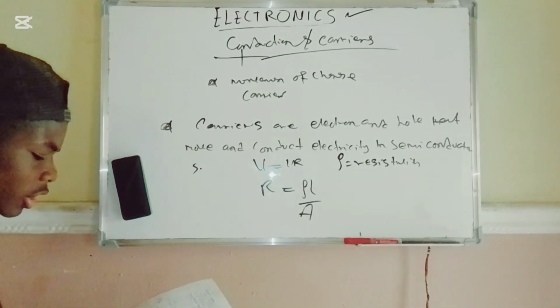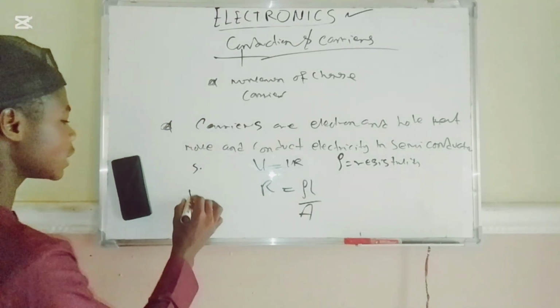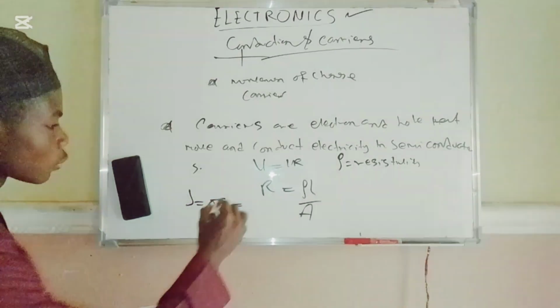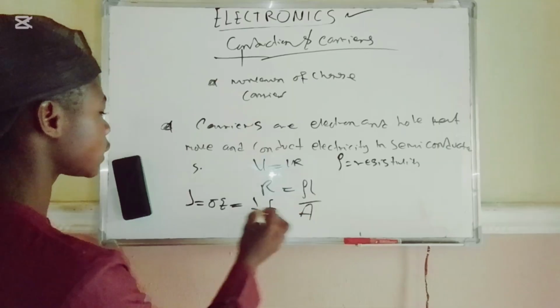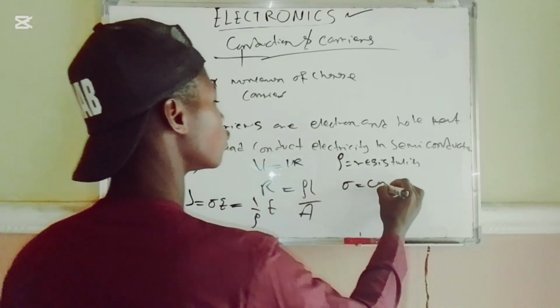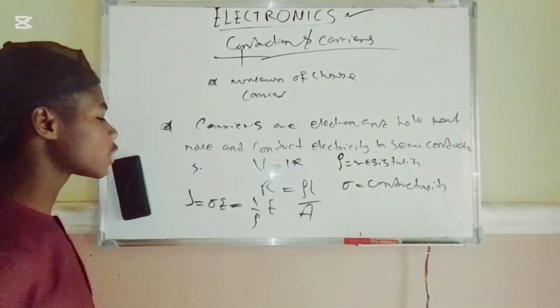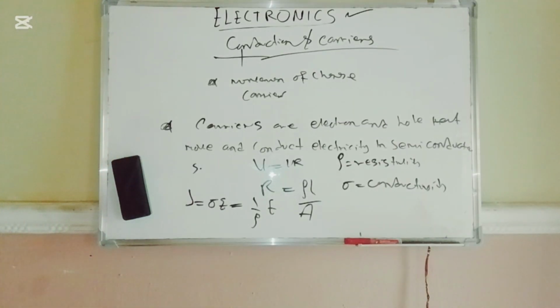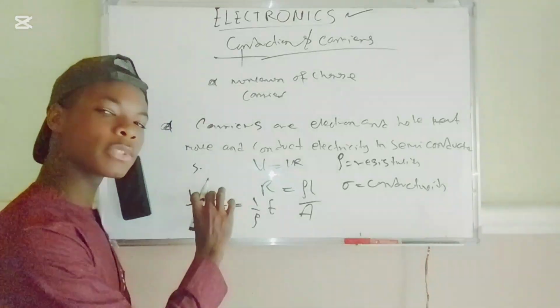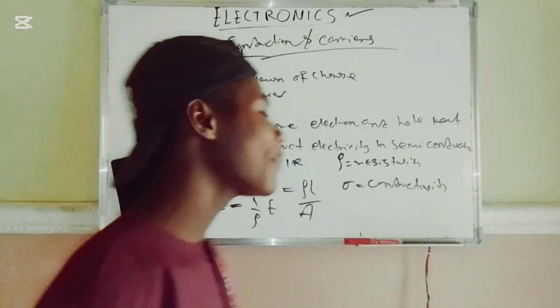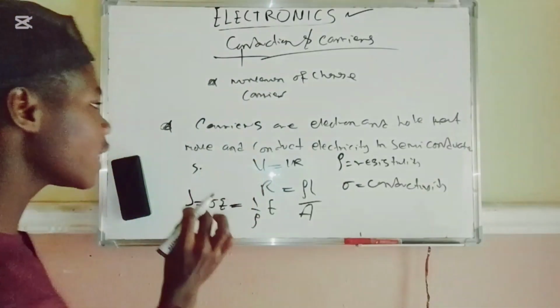There is a relation which says that J equals sigma E, which equals 1 over rho times E. Sigma stands for conductivity. With this relation, you can make the conductivity the subject of the formula when you are given a question, but I'm just showing the relationship between them.